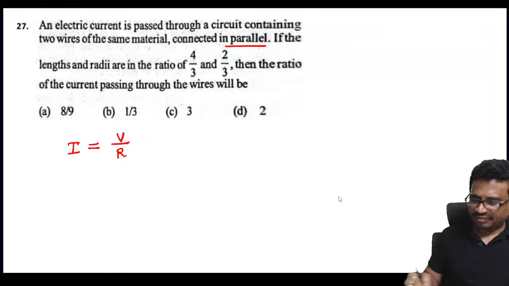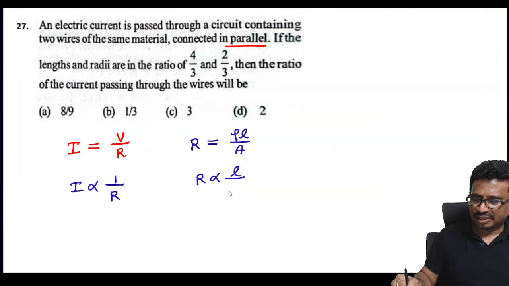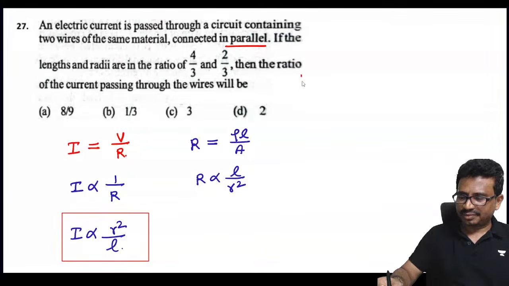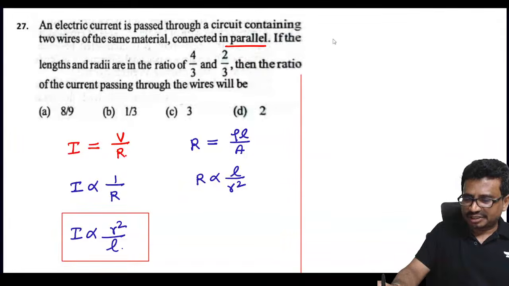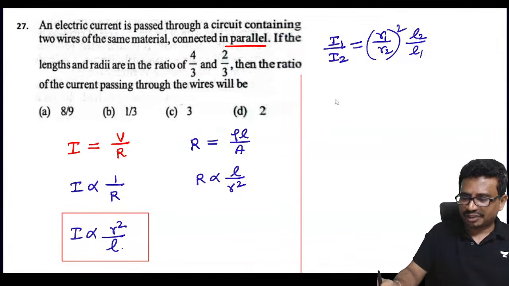So I is proportional to 1 by R. Now R equals rho L by A, so R is proportional to L by r squared. From this, I is proportional to r squared by L. Then I1 by I2 equals r1 by r2 whole squared times L2 by L1.